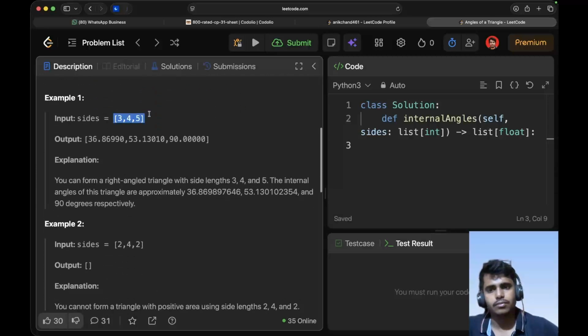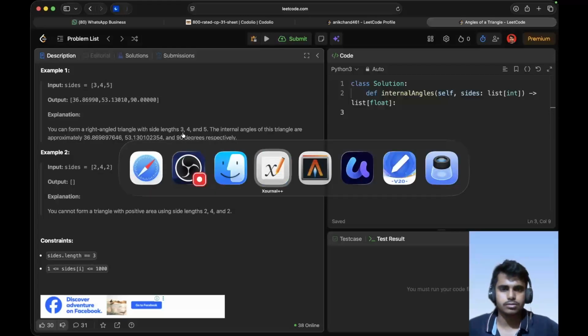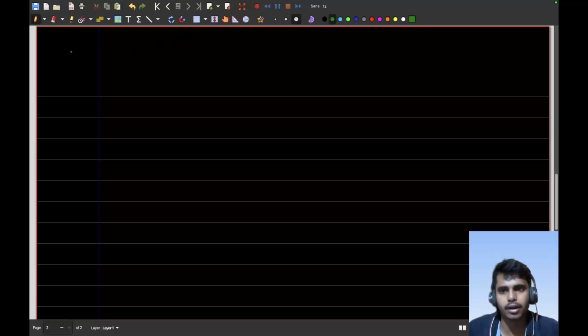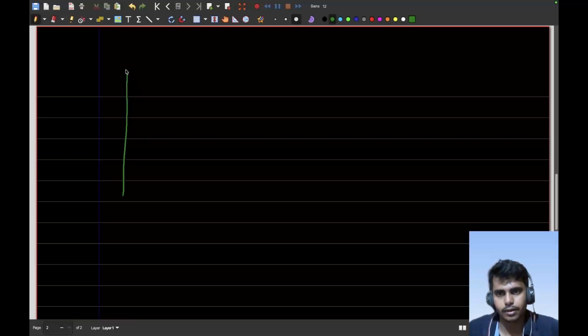Input sides is 3, 4, 5. If we take 3, 4, 5, you can see this is a right angle triangle because 5 square is equal to 3 square plus 4 square. Suppose I am taking a triangle with sides 3, 4, 5.